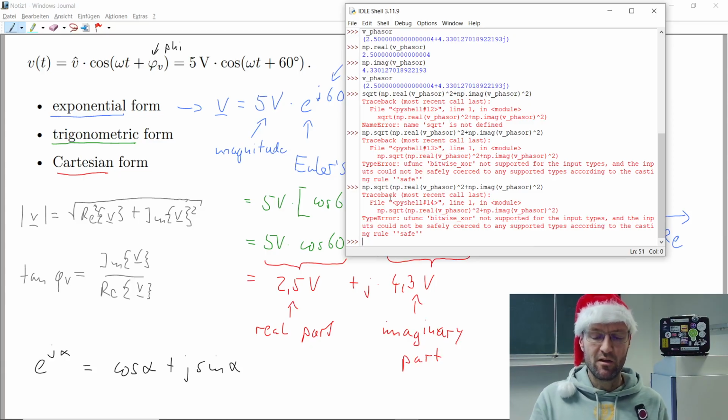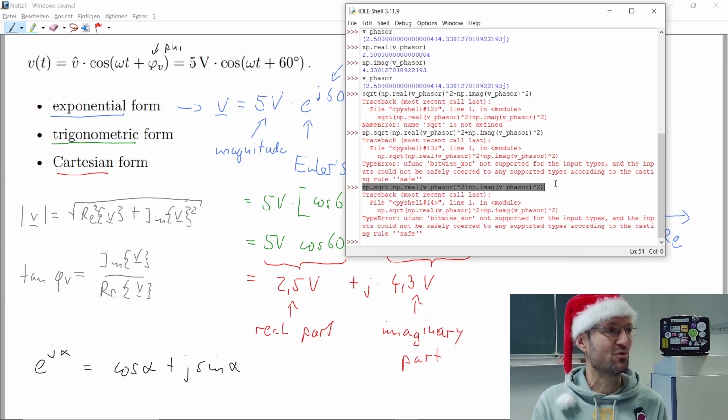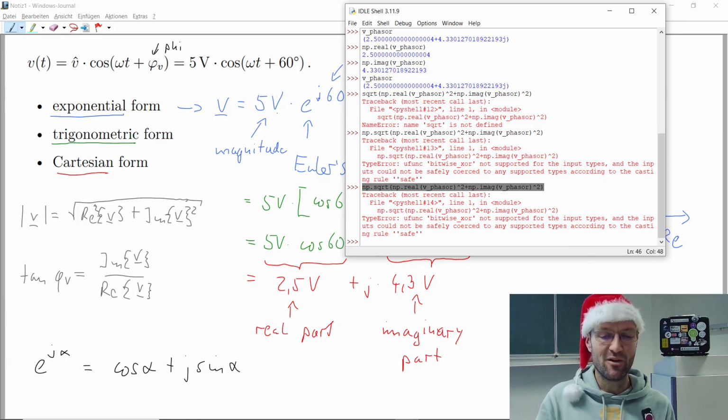Okay, so I'm not super familiar with Python. I don't know why this does not work, but you can see now things are getting complicated. There should be an easier way to do this. Can anyone imagine an easier way? This is also called the magnitude of this phasor.